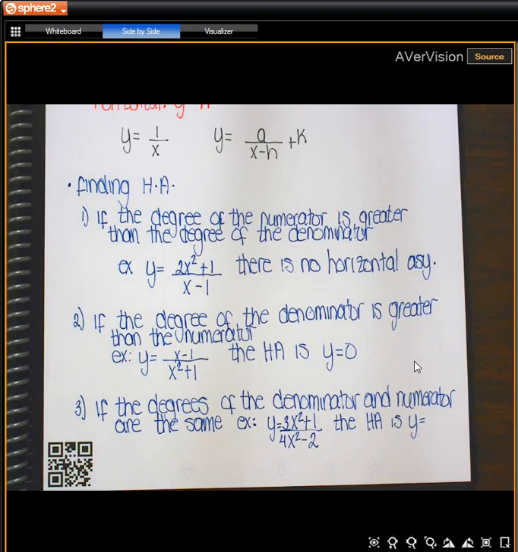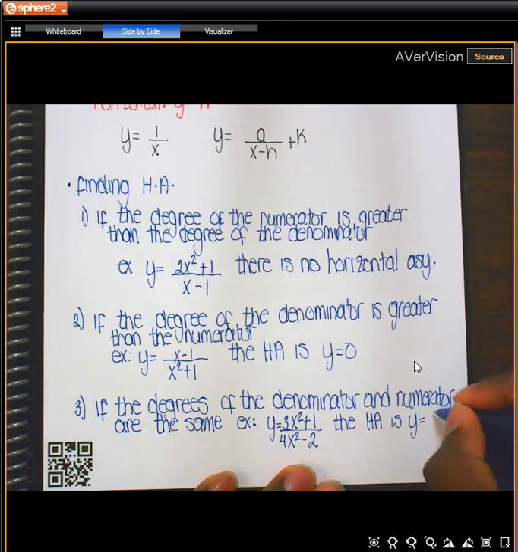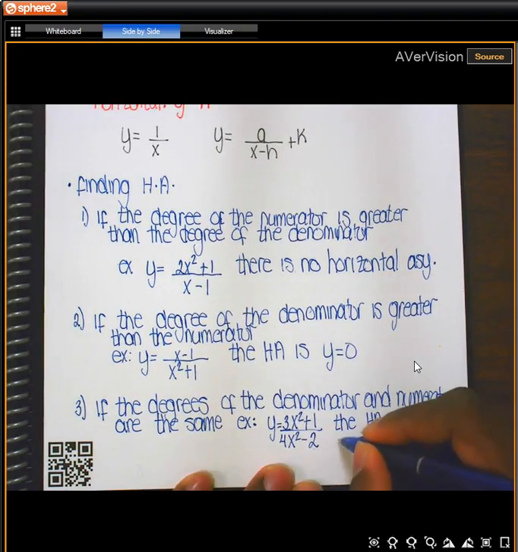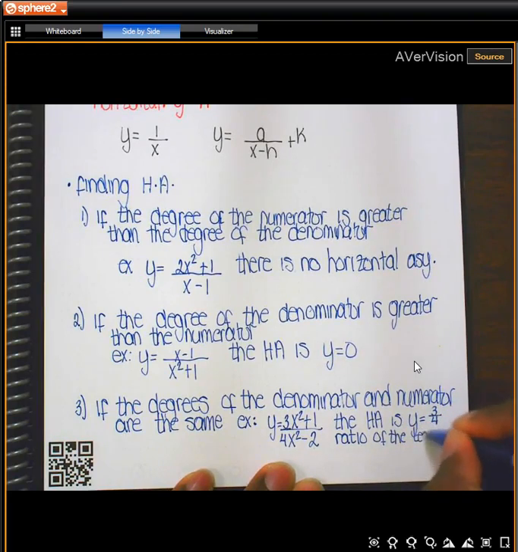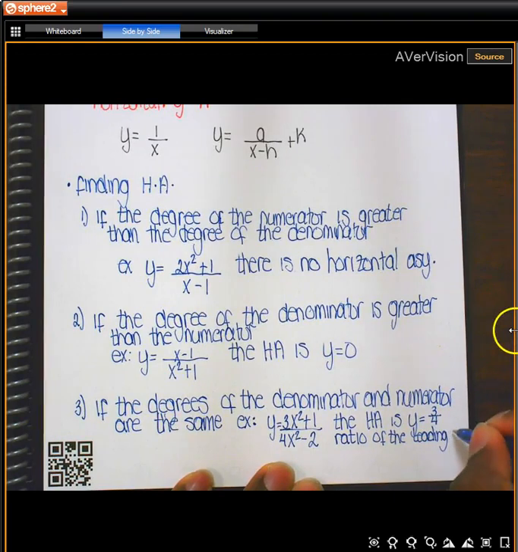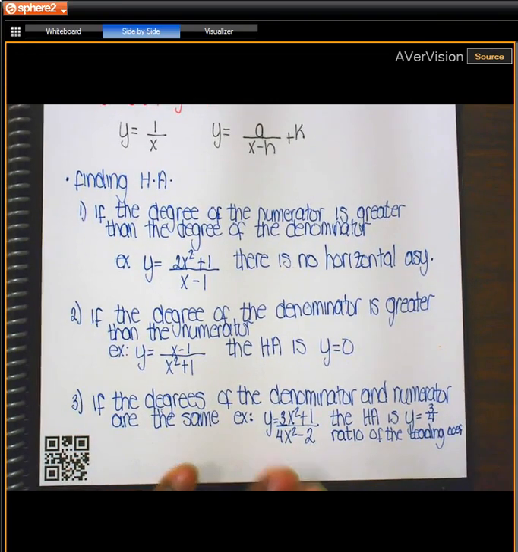Do you remember? The horizontal asymptote is going to be the ratio of the leading coefficients. Do you remember what the leading coefficient is?